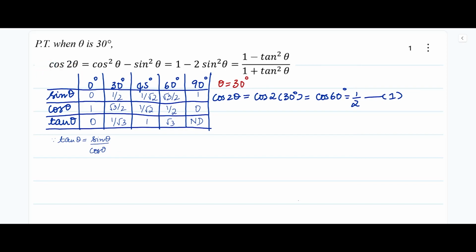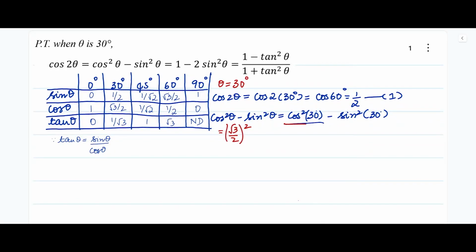Our second equation is cos square theta minus sin square theta. Here we substitute theta as 30 degrees. When we do that, we will get cos square 30 degrees minus sin square 30 degrees. For cos square 30 degrees, the value of cos 30 degrees is root 3 by 2, so we will get root 3 by 2 whole square.